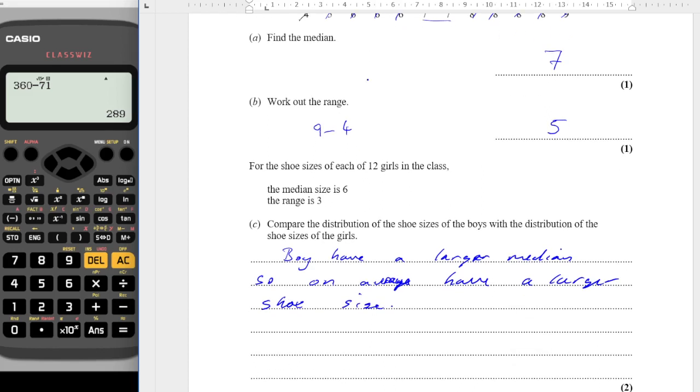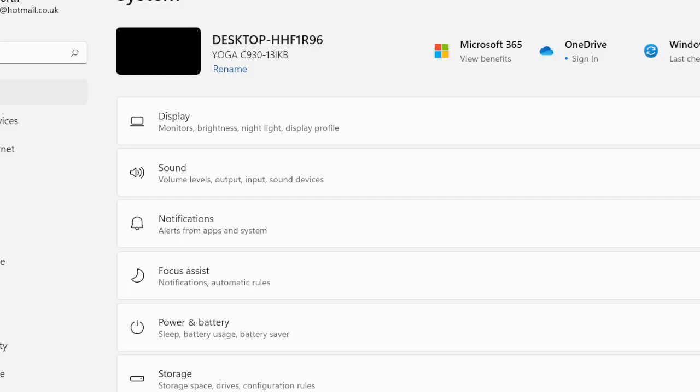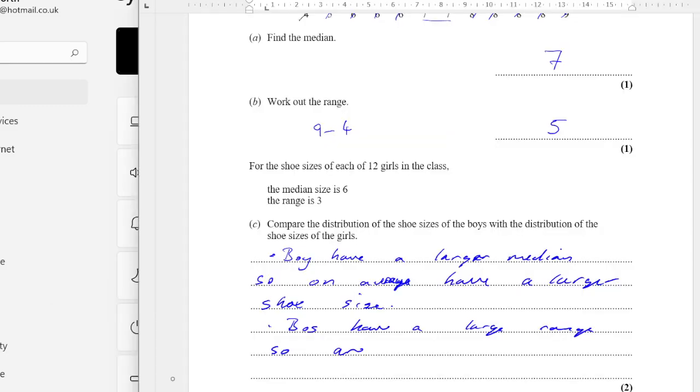My second statement is about the range. So the range has gone from 5 to 3. So the boys have a larger range, so are more spread out.